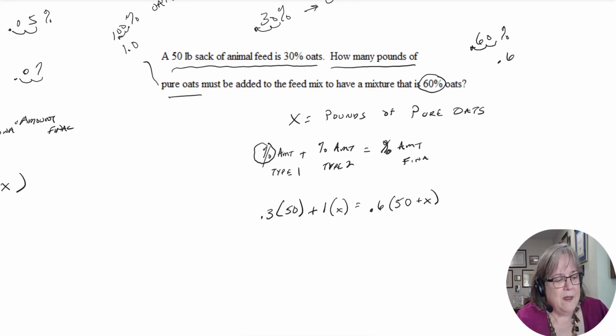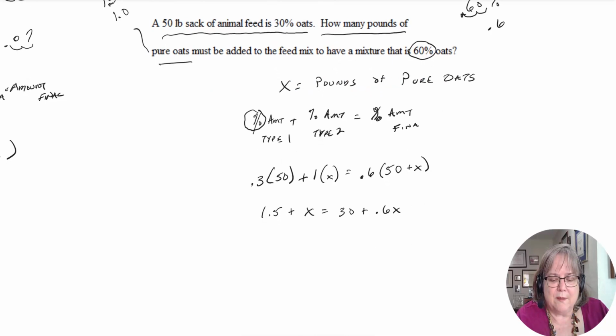So let's get busy. 0.3 times 50 is 1.5 plus, well, 1 times X is X equals 0.6 times 50 is 30, and 0.6 times X is 0.6X.